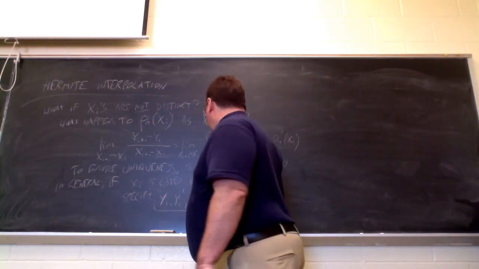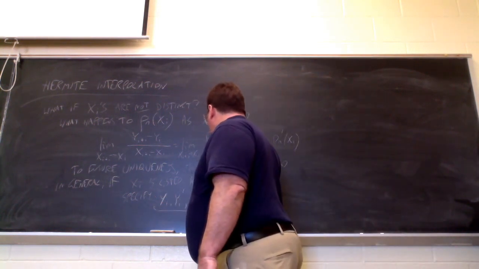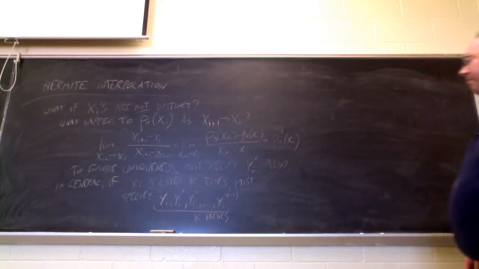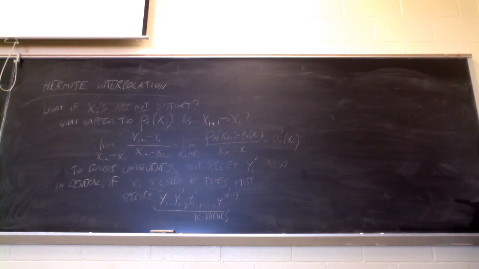So you still have k values or k constraints. As long as you have that information about your function, then you still have a unique interpolating polynomial of degree n. Okay.